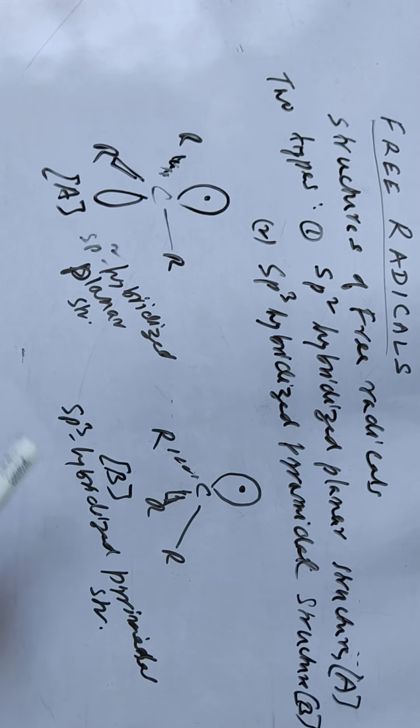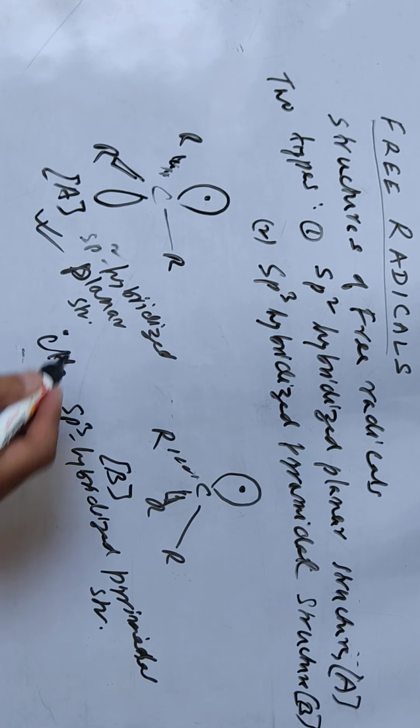Of these two, structure A is generally more stable, and by calculation and determination by ESR or EPR they are generally found to be sp2 planar, like the CH3 methyl radical, which is usually found as an sp2 hybridized planar structure.